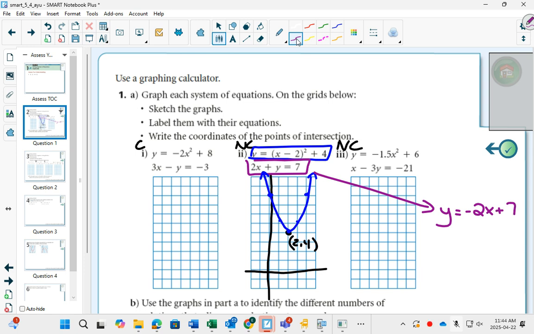And if you have y = mx + b, it's a good start to start with your y-intercept at (0, 7). Is that point also on your blue graph? No, the y-intercept of your blue graph was at (0, 8). Then you're going to go down 2 over 1, down 2 over 1, and draw your line.